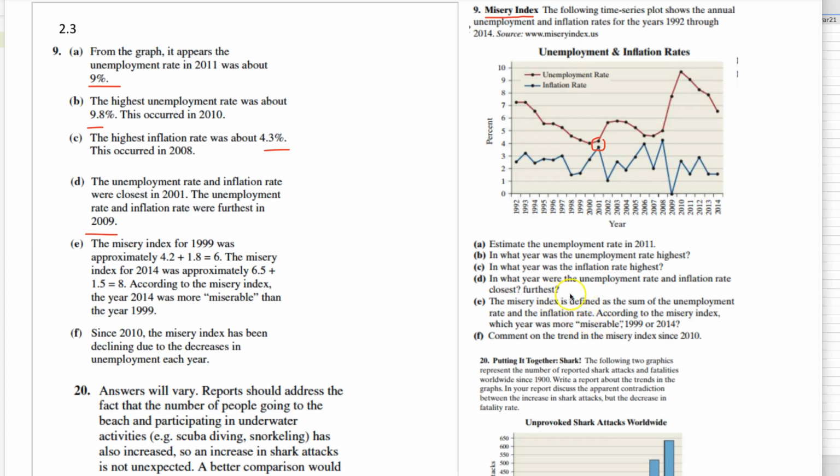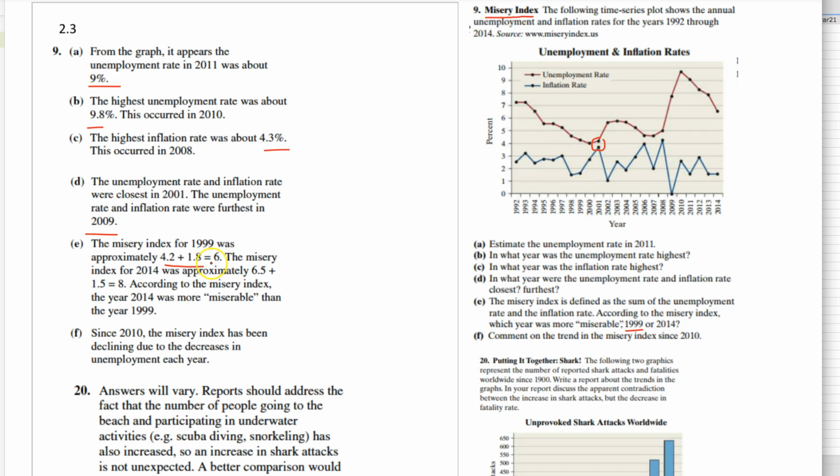So E, looking at the misery index, which is the sum of these two values added together. Which year was more miserable, 1999 or 2014? And again, you can see where these values come from. In 1999, you add up those two numbers together, approximately 1.8 and 4.2.